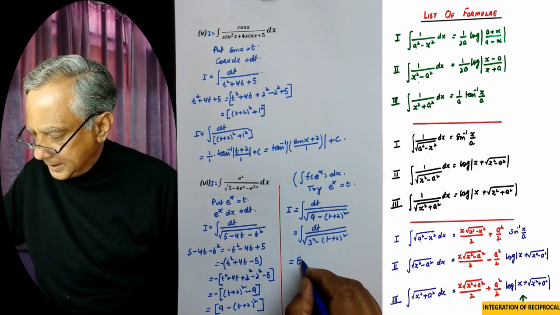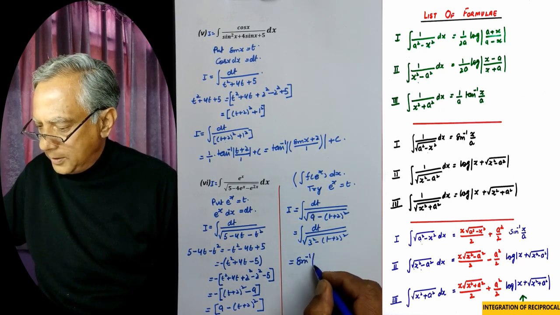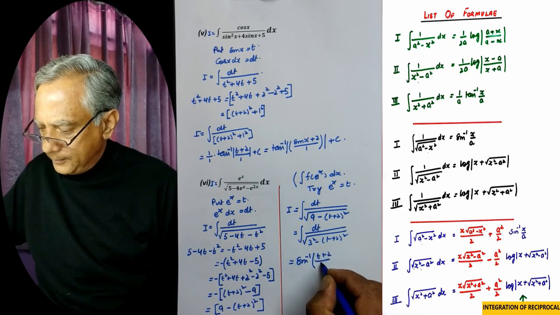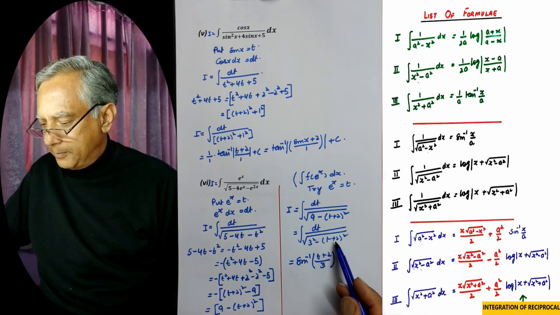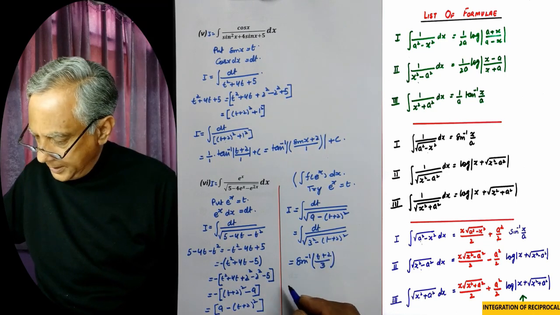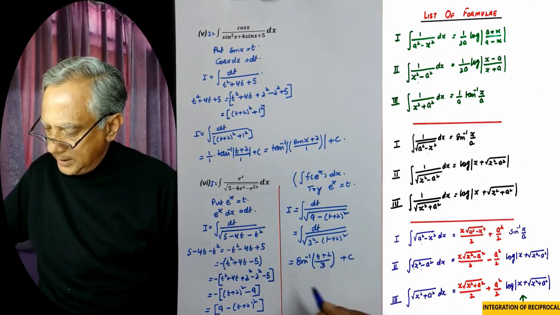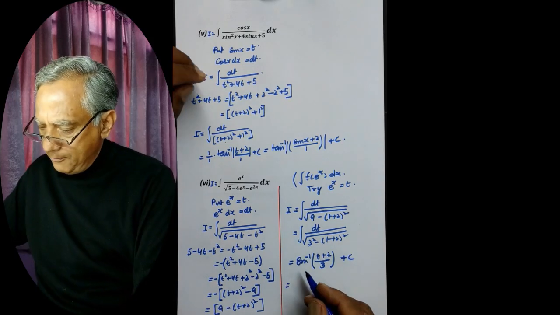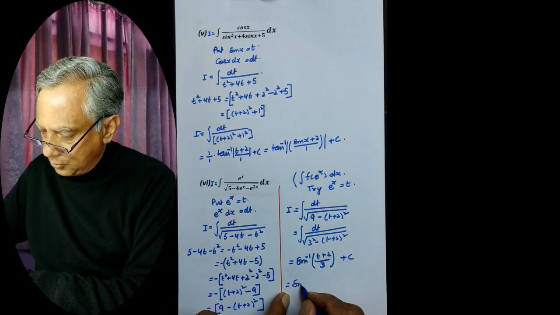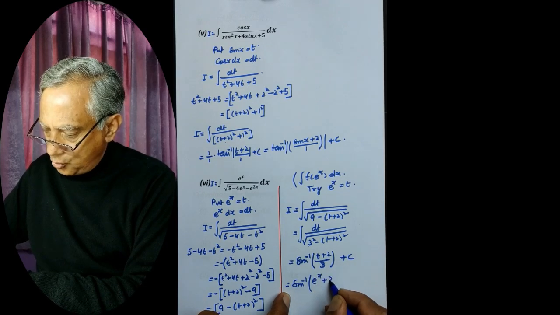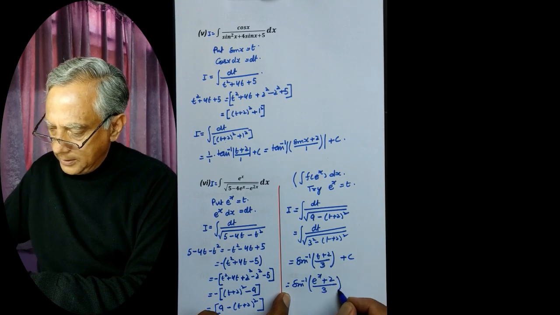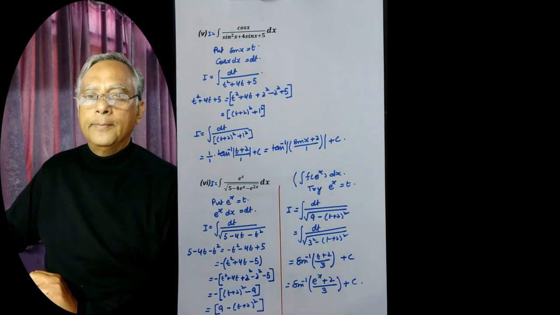So this should be sine inverse (t plus 2) by 3 plus c, and substitute t back. So this will be sine inverse (e to the power of x plus 2) by 3 plus c.